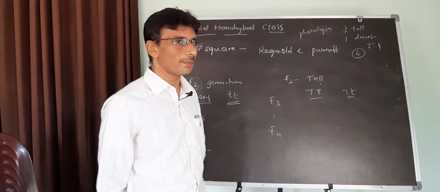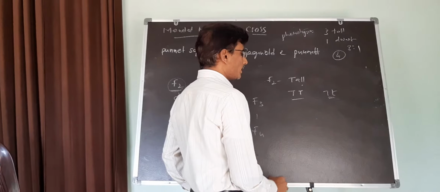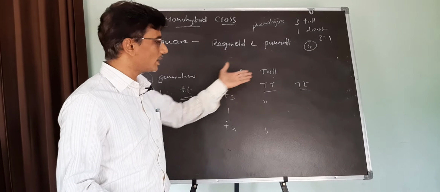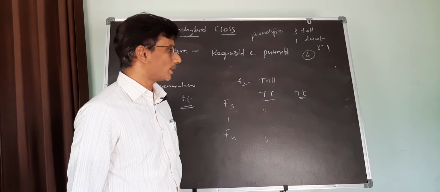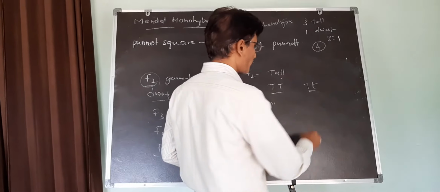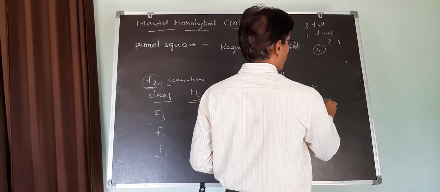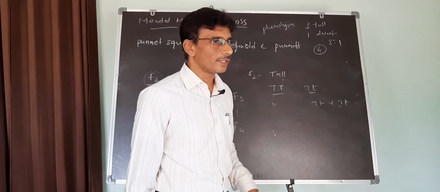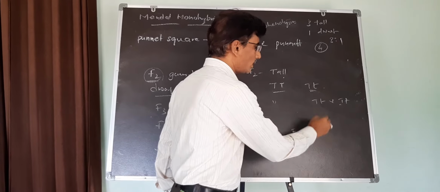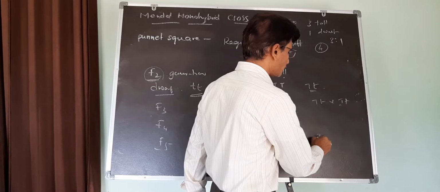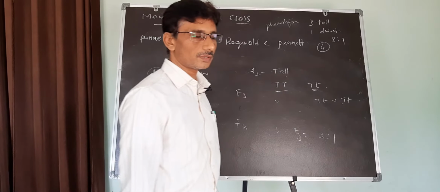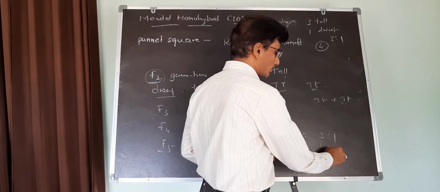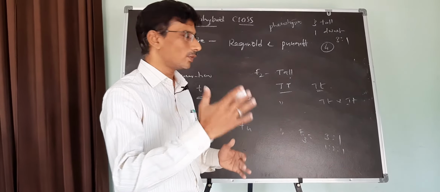When homozygous tall plants are self-pollinated, then in F3 and F4 no problem, just like dwarf plants they also yield the same homozygous tall plants. But when heterozygous tall plants are allowed to self-pollinate for the F3 generation, what will you observe? Once again you will observe the 3:1 phenotypic ratio of tall and dwarf plants, and the genotypic ratio 1:2:1, in F3, F4 or F5, like that.